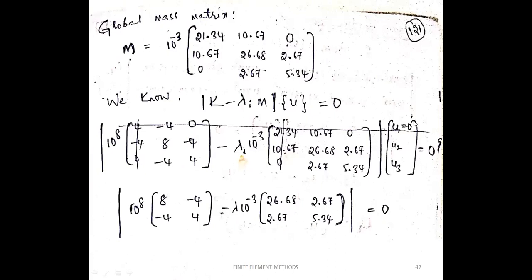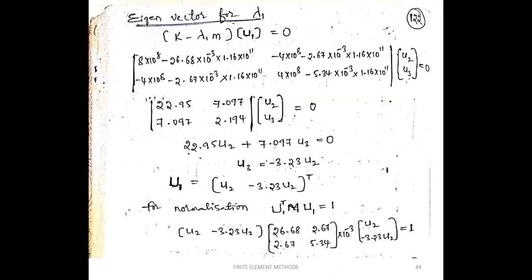That is called the eigenvector. Anyhow, at lambda 1 and lambda 2, u1 is 0, and we only need to find the values of u2 and u3. So let us try to solve for the eigenvector.